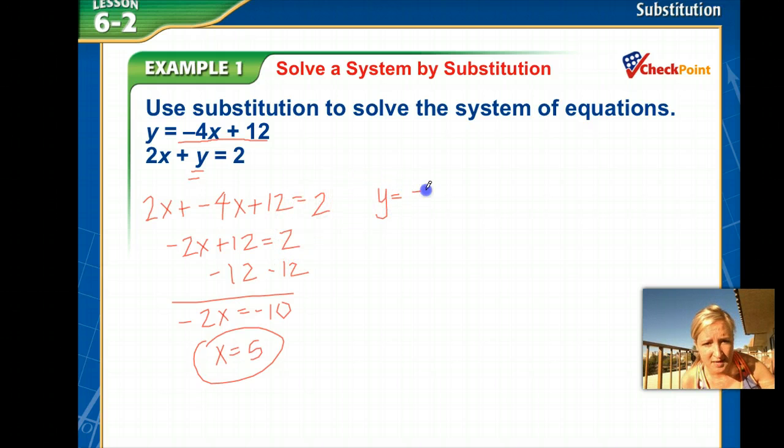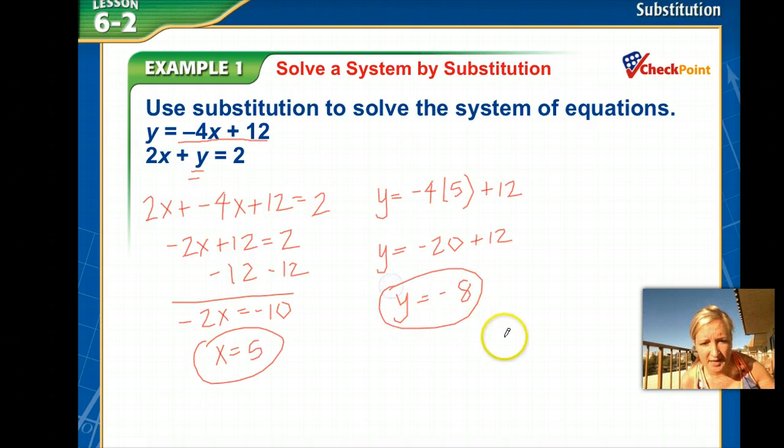So y equals negative 4 times 5, because that's what my x equals, plus 12. So y equals negative 20 plus 12, which is negative 8. So again, your answer on your paper would be your coordinate 5, negative 8. Again, we are substituting to figure out the system of where these two equations meet.